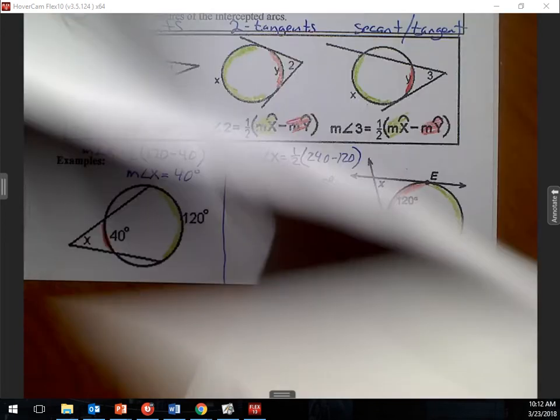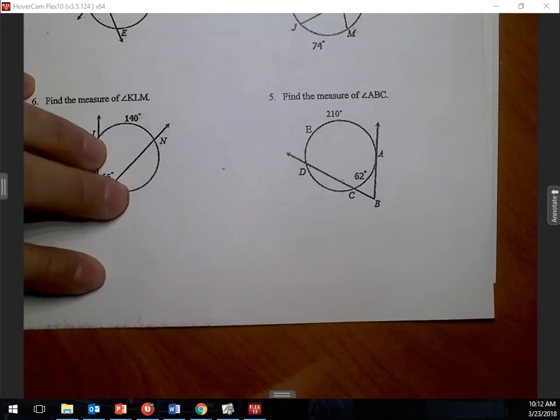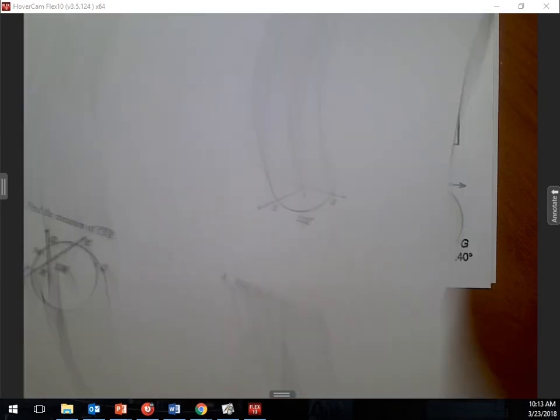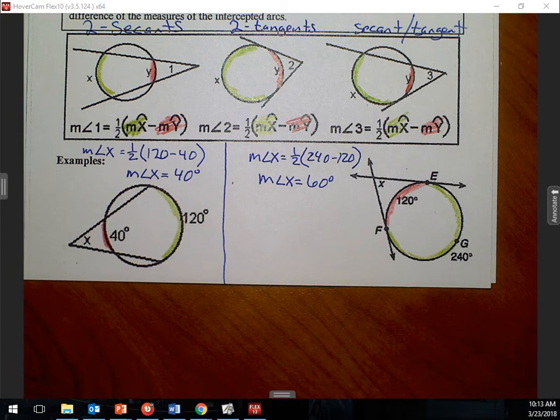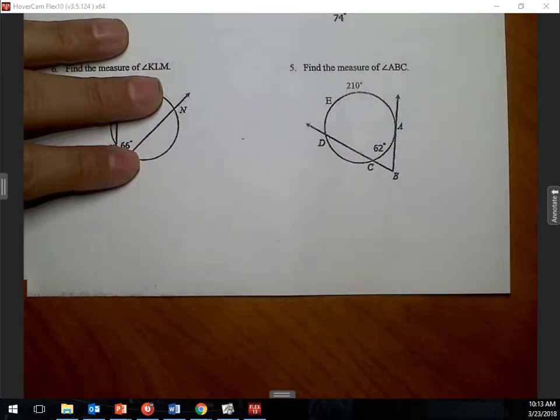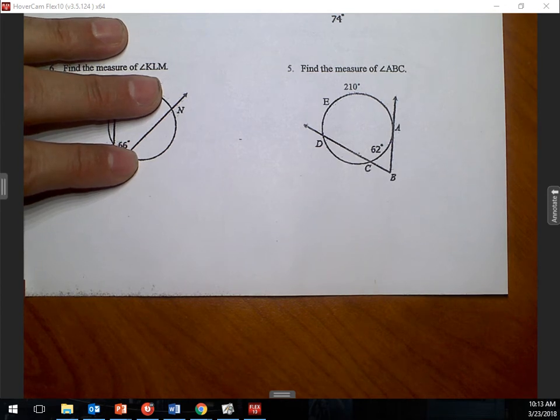Wait, is it number 9? Sorry, 5. 5 would be it. No, because look, you asked for a secant tangent, right? Isn't 5 the secant tangent? Yeah, that's what we said. Okay, that's what I said.